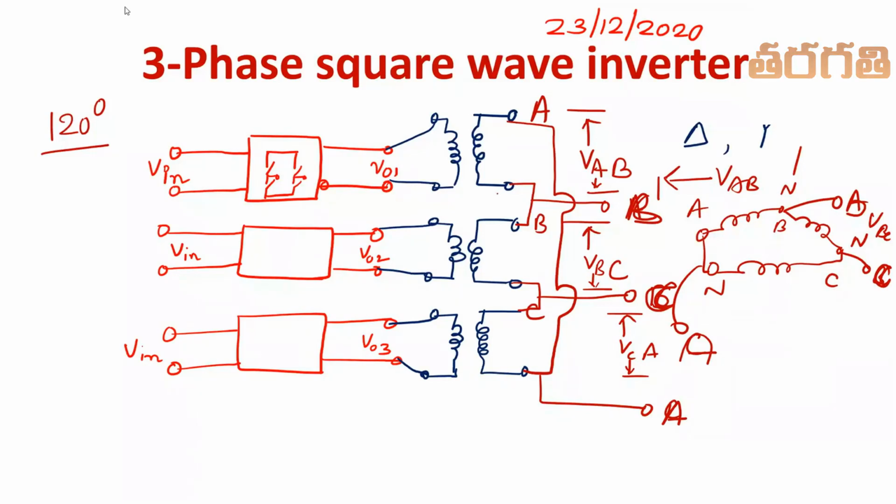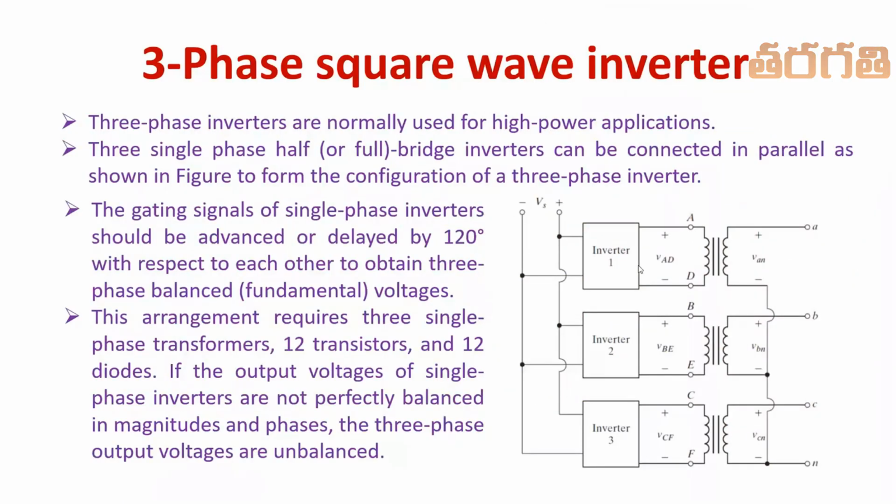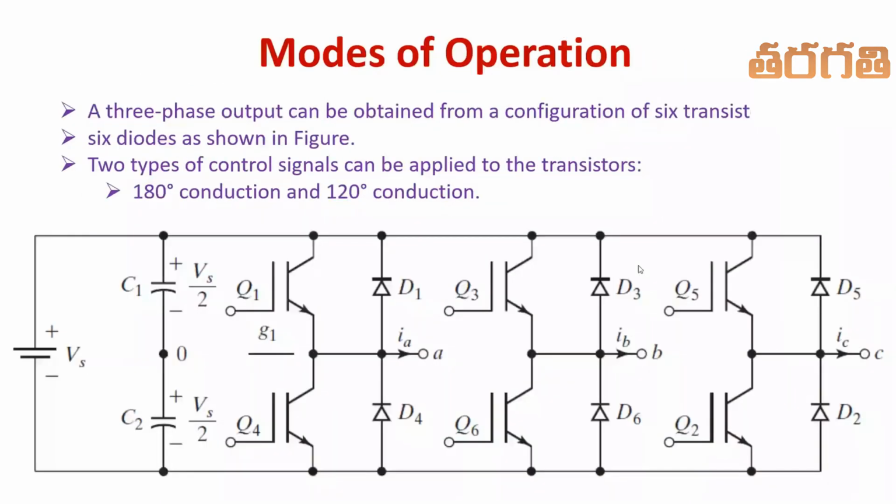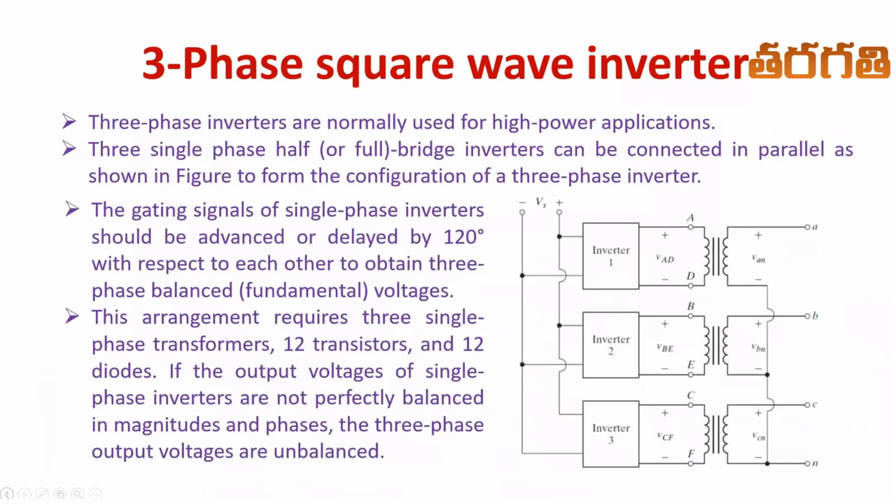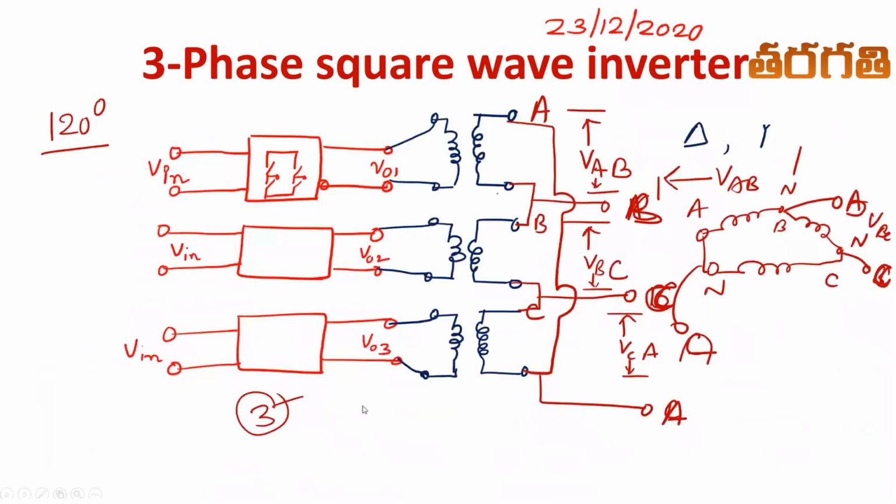The third advantage is a three-phase system can transfer power efficiently, and it is possible for us to get higher magnitudes of voltages in comparison with a single phase system. So these are the advantages of a three-phase system.